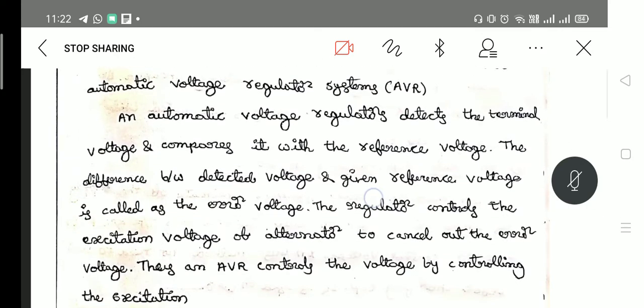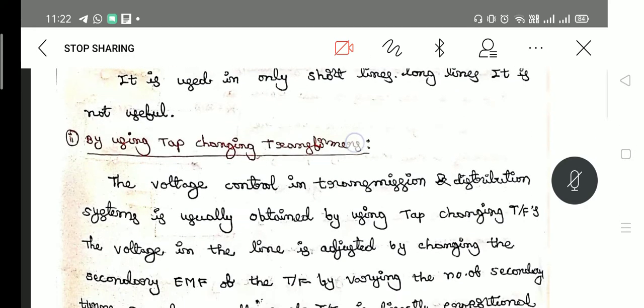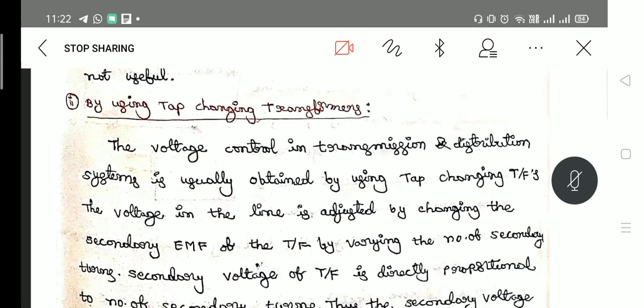Next method is using tap changing transformers. Tap changing transformers are used in transmission and distribution systems. In the transformer, the secondary EMF can be controlled by using the tap changing, which controls the turns ratio, that is, the number of secondary turns.